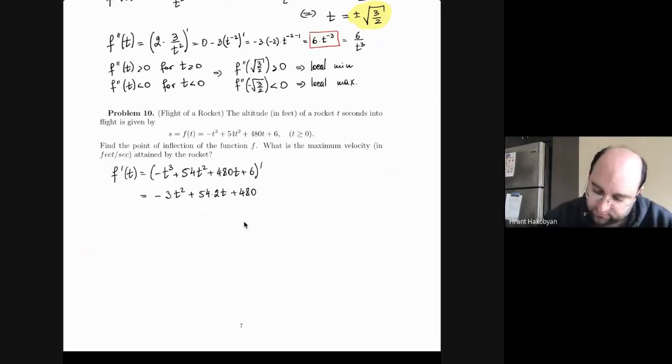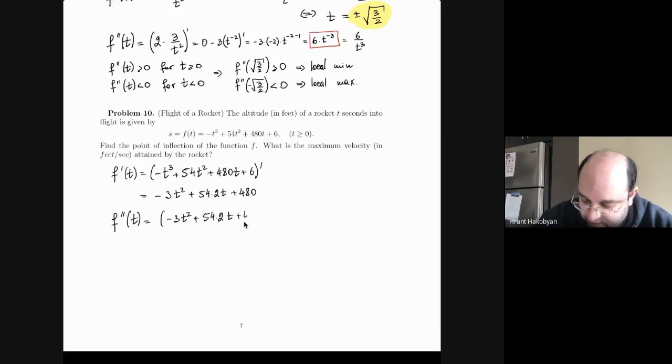Okay, and so the second derivative is going to be given by the derivative of negative 3t squared plus 54 times 2t plus 480.